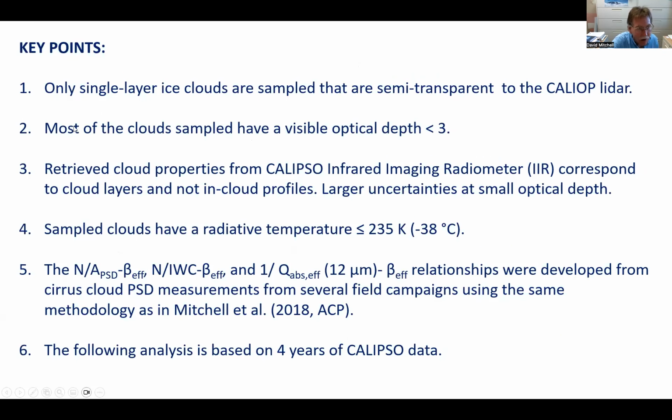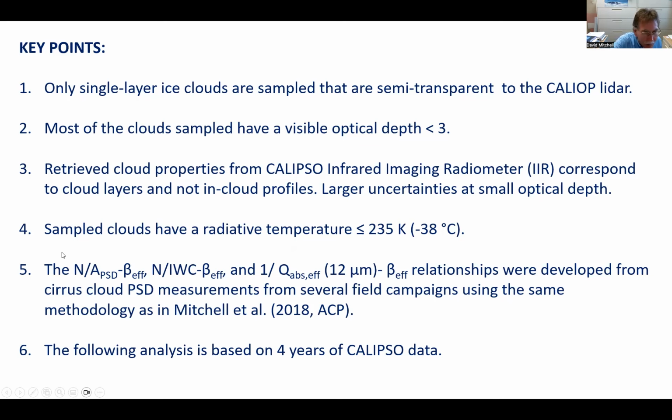And then the other key points are we're only sampling single layer cirrus clouds that are semi-transparent to the CALIOP lidar. Most of the clouds sampled have a visible optical depth less than 3. The retrieved cloud properties from the CALIPSO infrared imaging radiometer correspond to cloud layers and not cloud profiles. So larger uncertainties are associated with these smaller optical depths, but over ocean, it's not so bad, so we're using that over ocean.